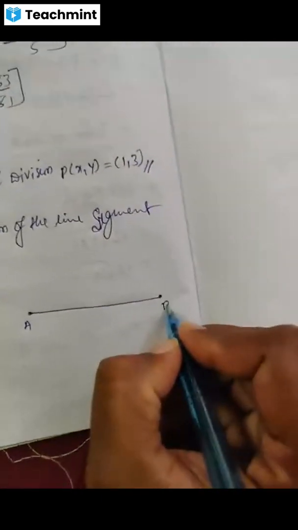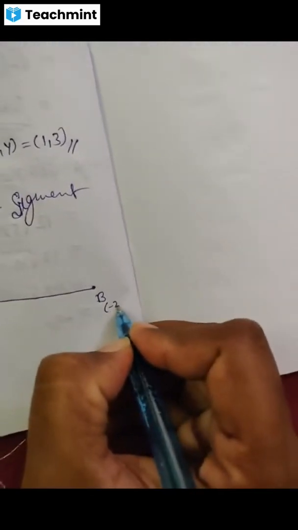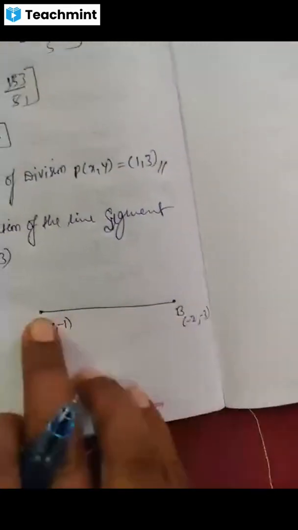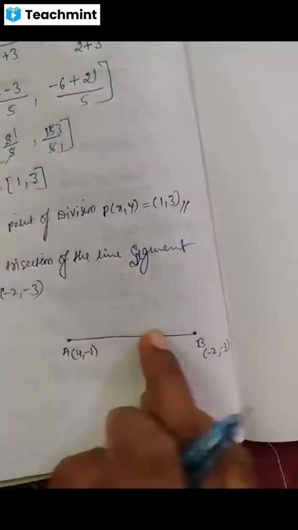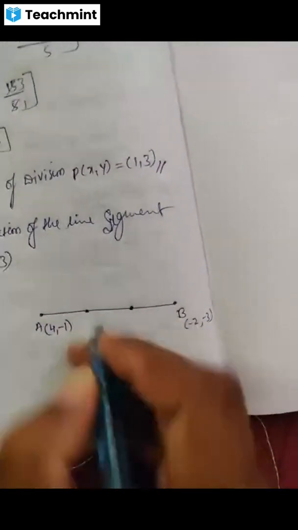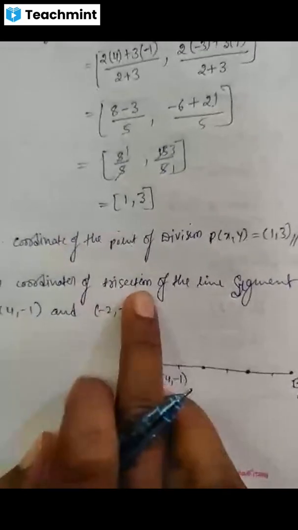See here, this is the line segment AB. This line segment forms 3 equal parts, so this is the trisection. This is one part, this is one part, this is one part. All 3 parts are equal. Then only we say it is a trisection.